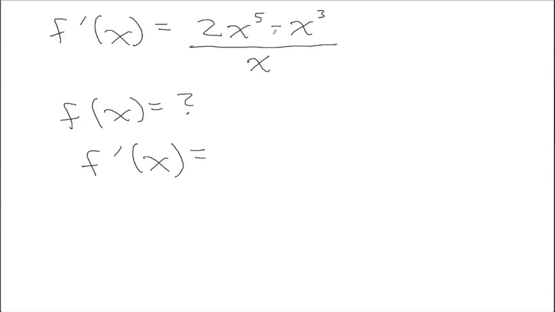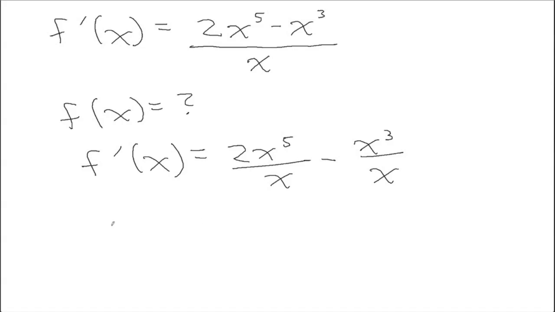Something that you might have done, though, that might have improved your confidence: how can we rewrite this as two separate fractions? We can rewrite it as 2x to the 5th over x minus x cubed over x.